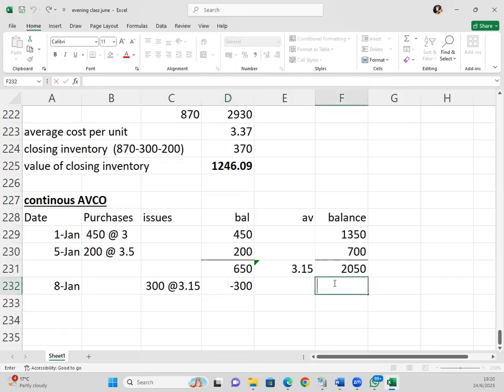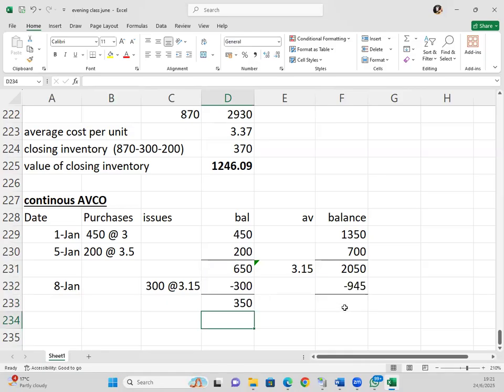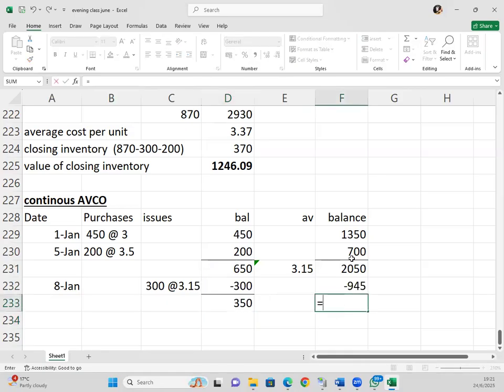Then for the value, you multiply sales with the last average. Then you subtract.